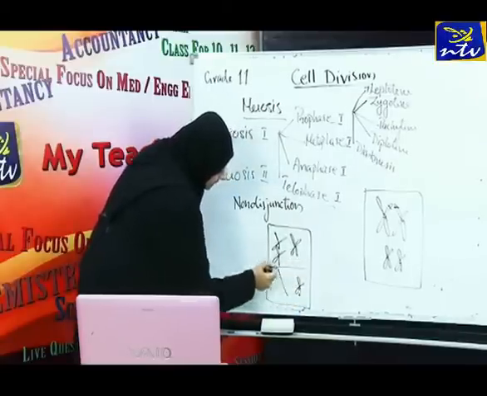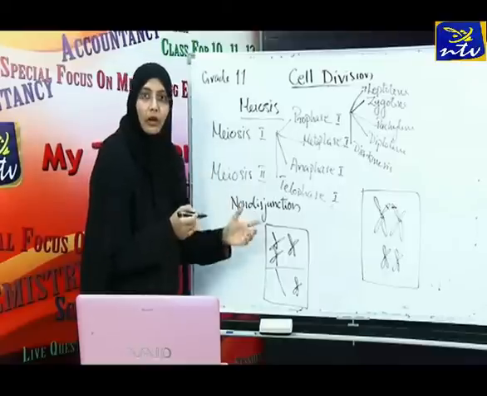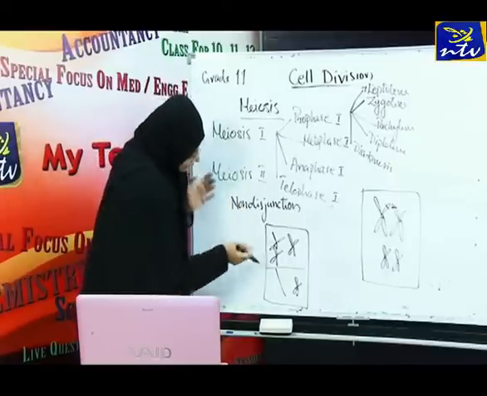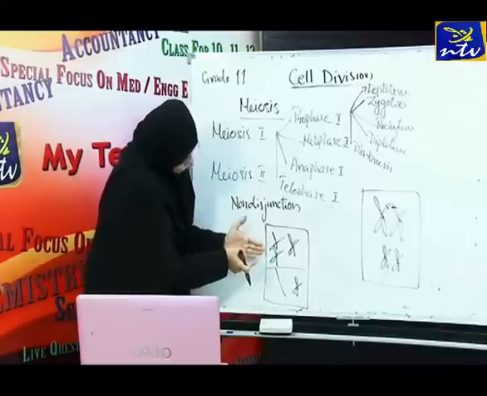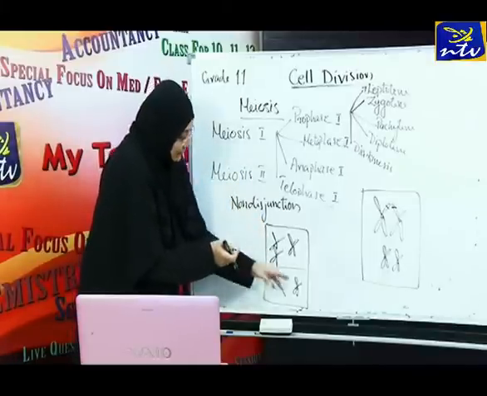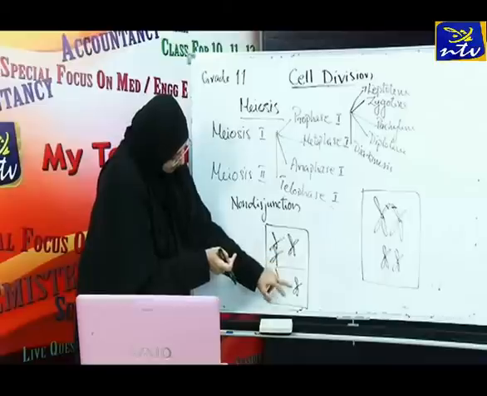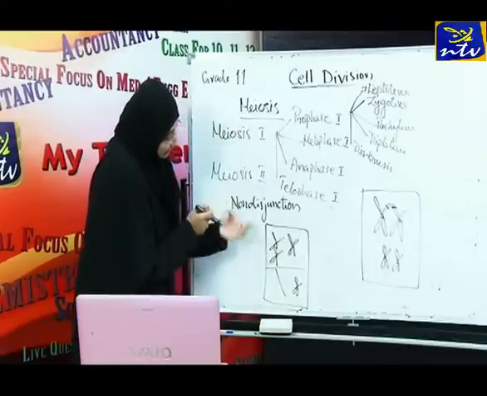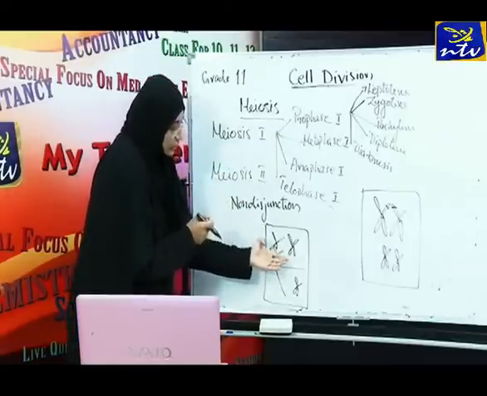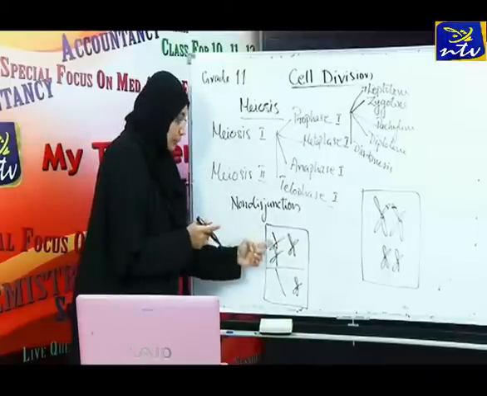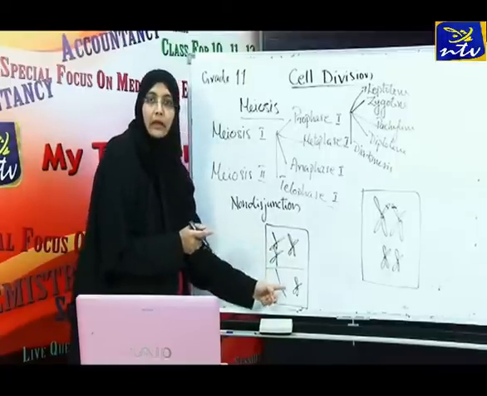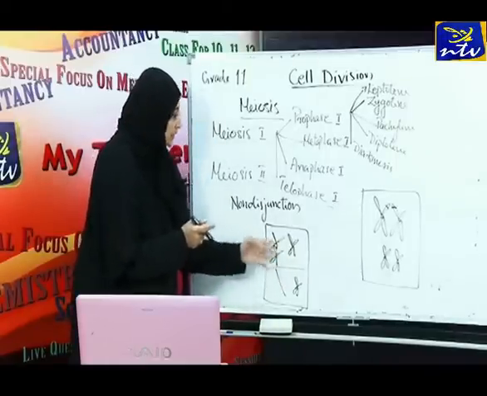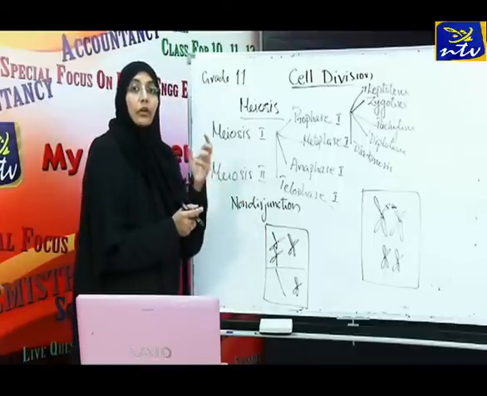Here you can see that when this non-disjunction happened, both the homologous chromosomes have gone to one cell, and this is the pair of this homologous chromosome. So ultimately this cell has got more chromosomes, and this cell is lacking one chromosome. So this phenomenon is known as non-disjunction.